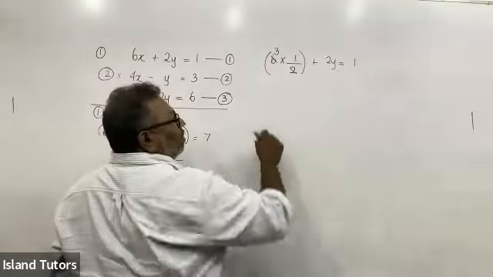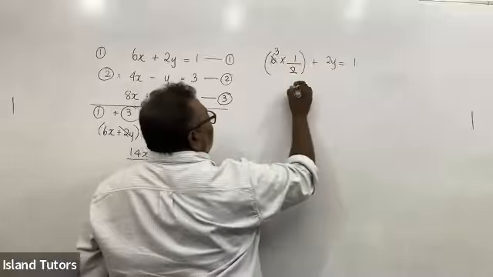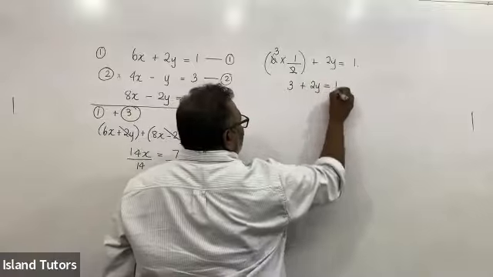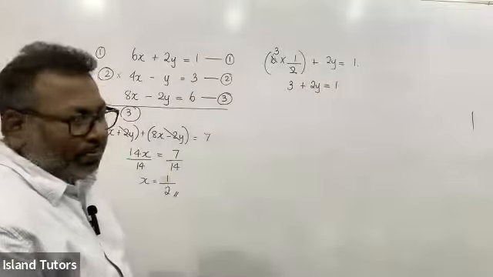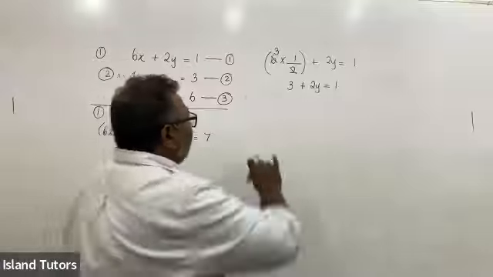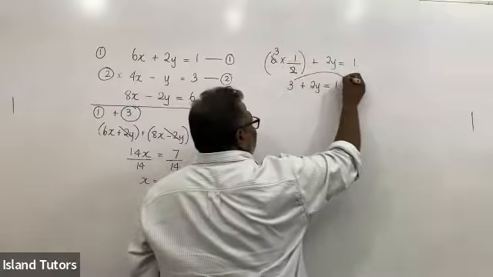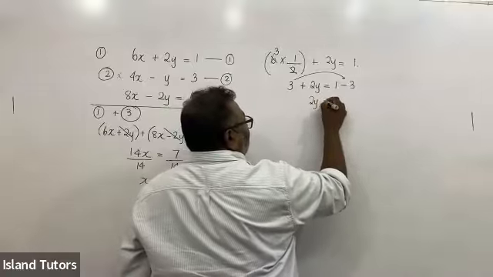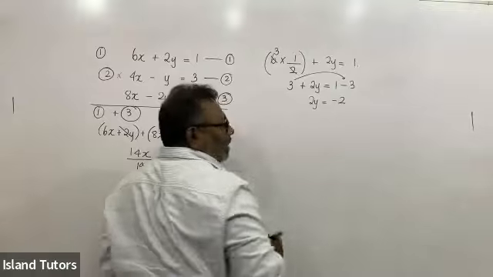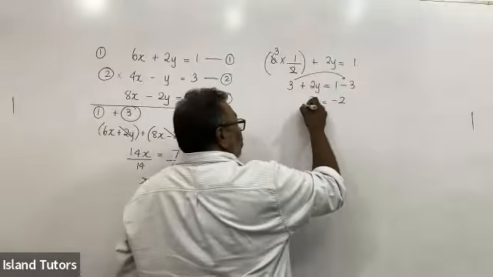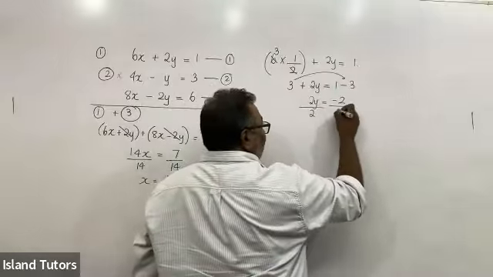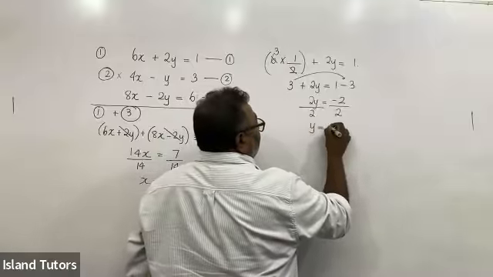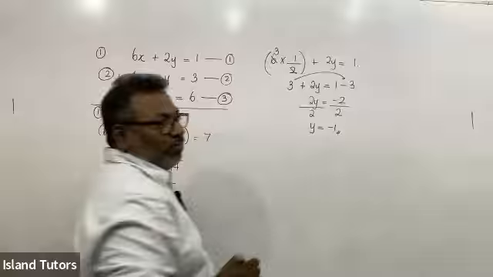You have 3. 3 multiplied by 1 is 3, plus 2y is equal to 1. Take the 3 to this side. So minus 3. 2y is equal to minus 2. Divide 2 by 2 on either side. You're getting y is equal to minus 1.